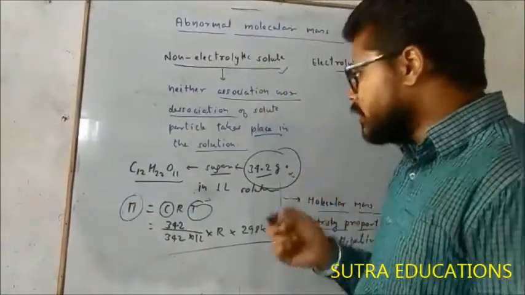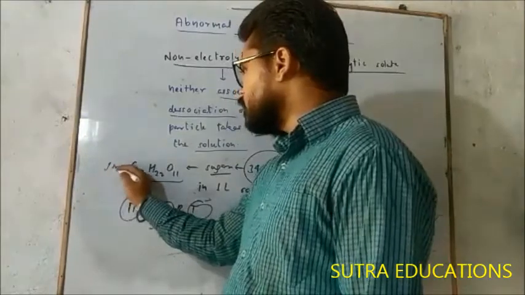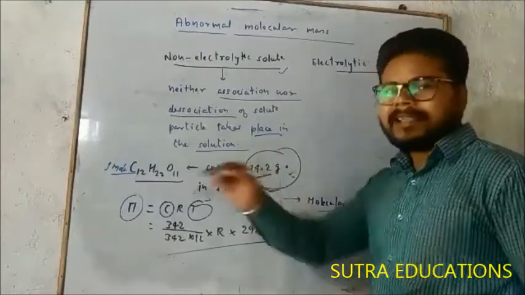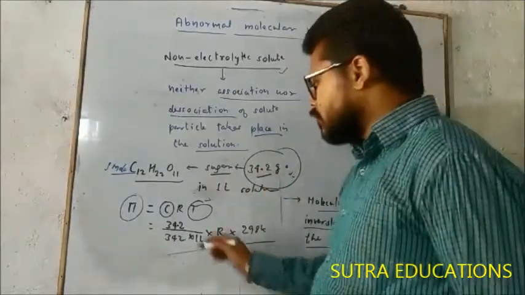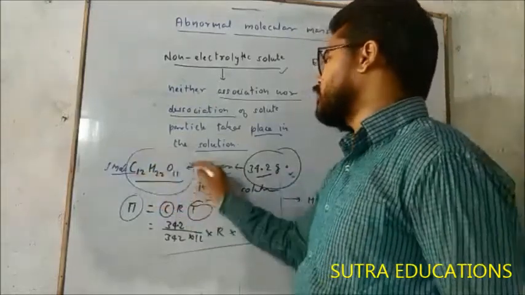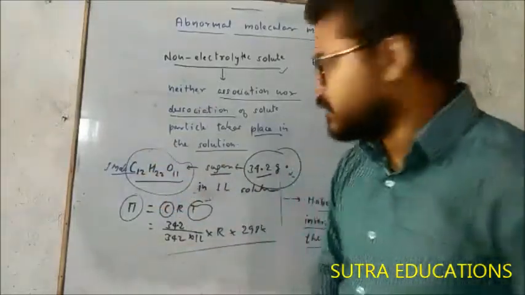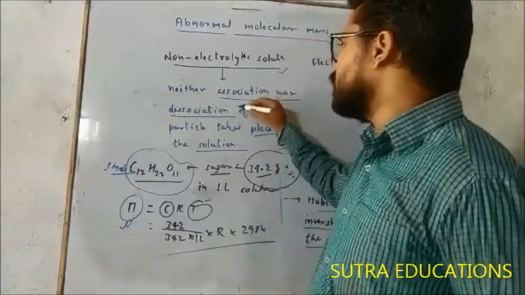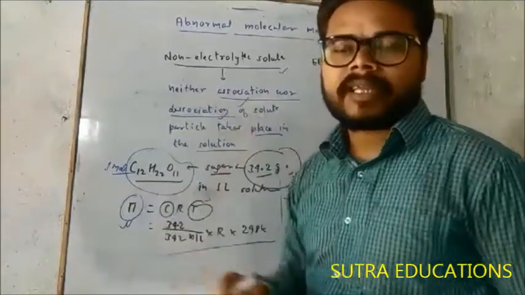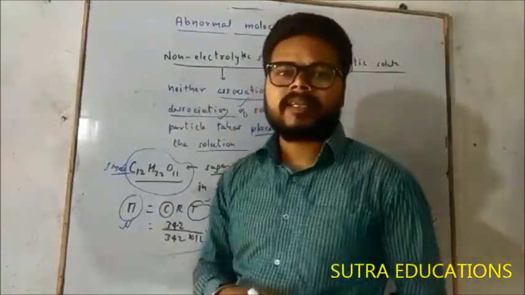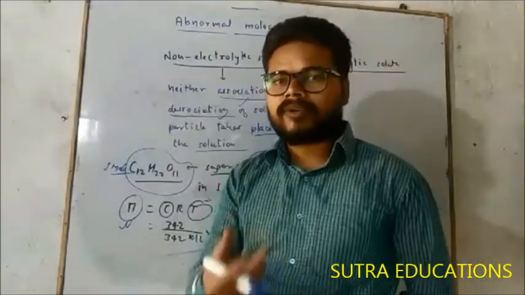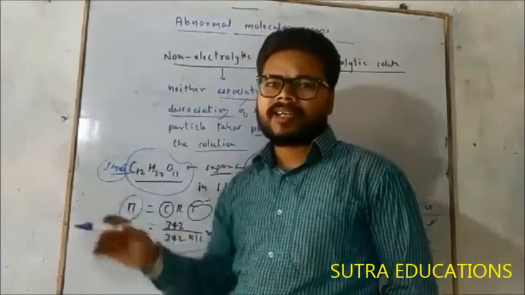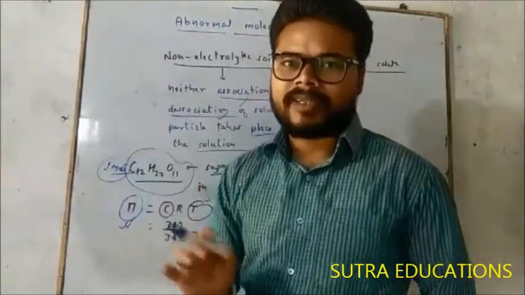And if 1 mole of C12H22O11 is taken there, then 1 mole of C12H22O11 will be present in the solution, and that's why the colligative property is not going to change here, because I told you neither association nor dissociation will take place, and colligative property is directly proportional to the number of moles of the solute. So if the number of moles of solute is 1 mole here, then accordingly the colligative property will be calculated.